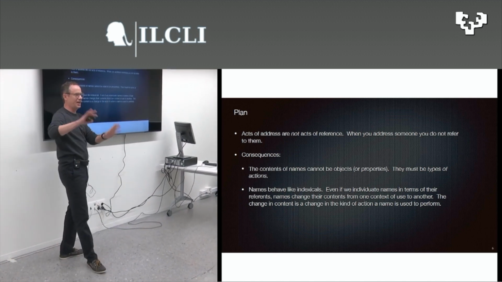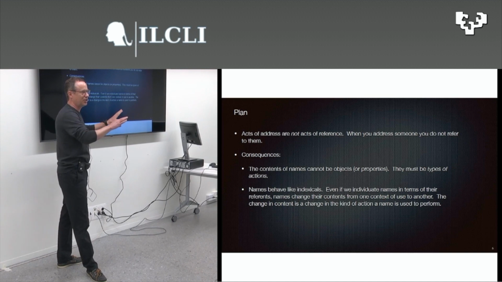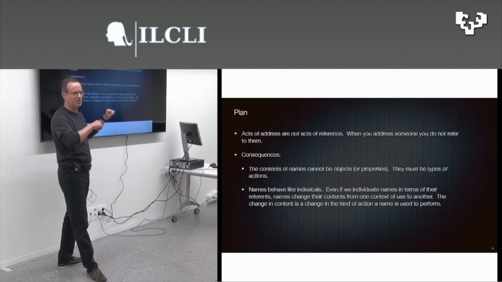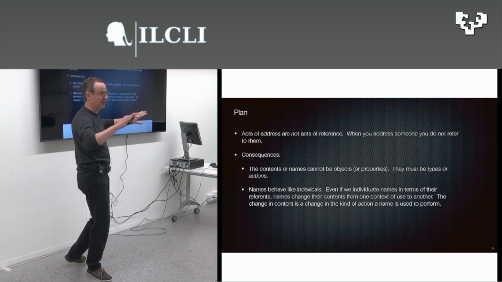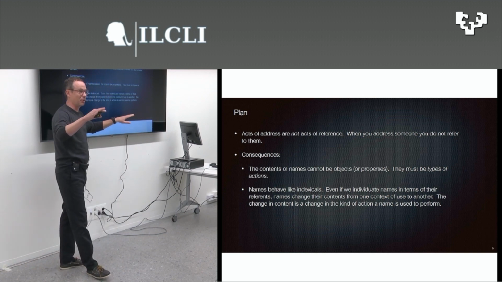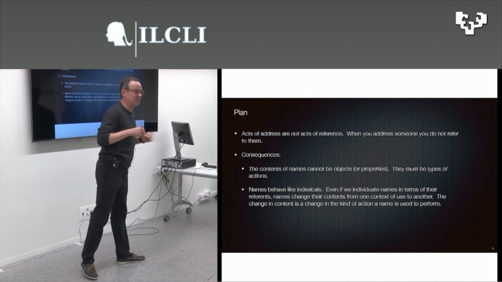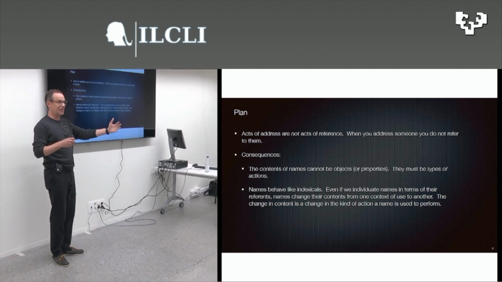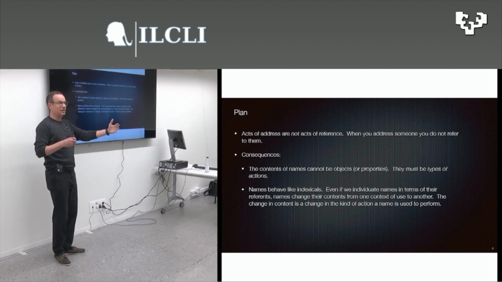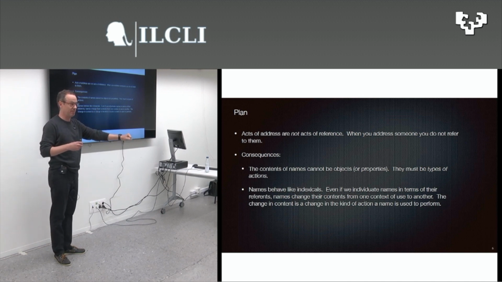The argument is going to apply to those views as much as it will to direct reference views about names, on which the content of a name is an object. None of those views can be right. Rather, the contents of names, uses of names, must be kinds of actions, types of actions. The content of a name is the kind of thing the speaker is doing with the name.